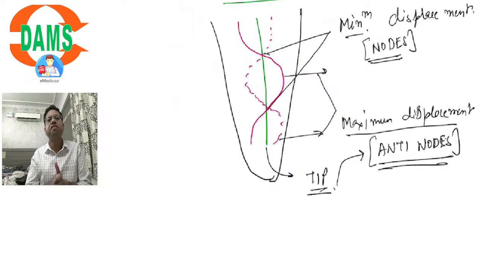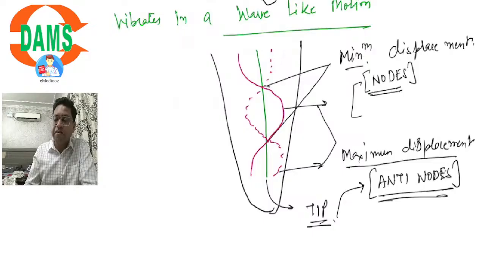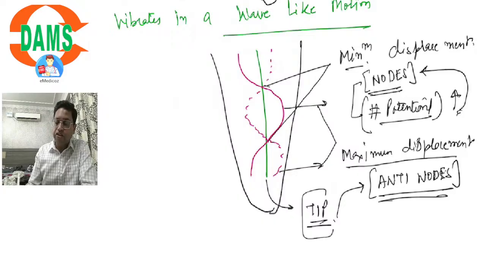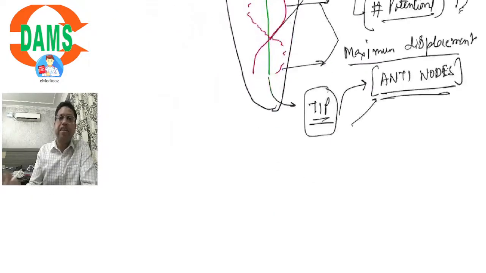Now, whenever a file is subjected to ultrasonic vibration inside closed confines like a root canal, there are chances of fracture of the file, and fracture potential is maximum at nodes. The point that is not vibrating too much, with minimum displacement, has the highest fracture potential. So fracture is most likely to occur at the nodes, and the tip of the file shows maximum displacement, that is antinodes.